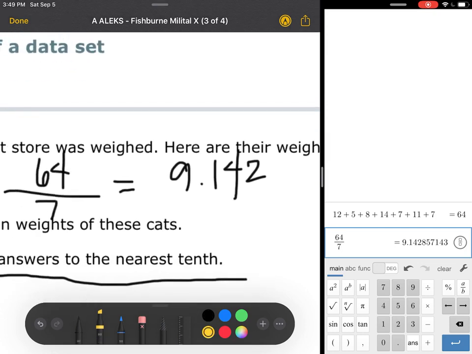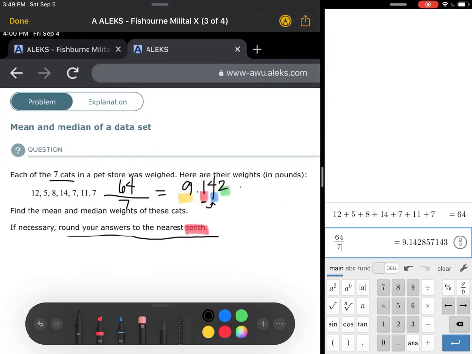Okay, so just as a review, let me go back. 1's place, 10's place, 100's place, 1,000's place. So if I'm rounding to the nearest tenth, I'm looking at this digit, that's my tenth place, and I'm looking at the next digit. It is 4 or less, so I'm going to let my 1 rest, and it is going to be 9.1.